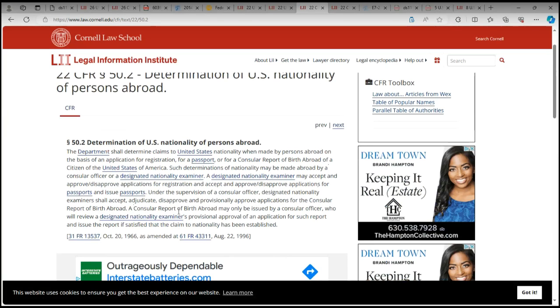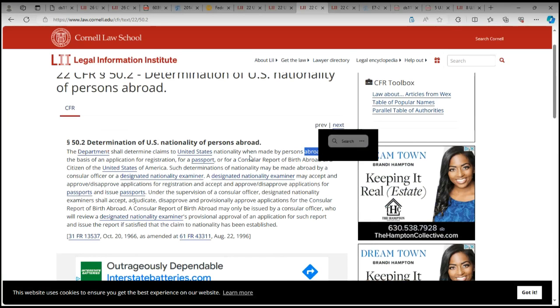The consular report of birth abroad may only be issued by the consular office, who may review a designated nationality examiner's provisional approval of an application for such report and issue the report if satisfied that the claim to nationality has been established. All right. The thing that I don't like in this section, they don't tell you what abroad means.